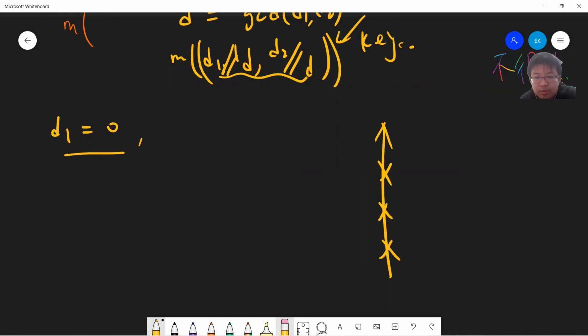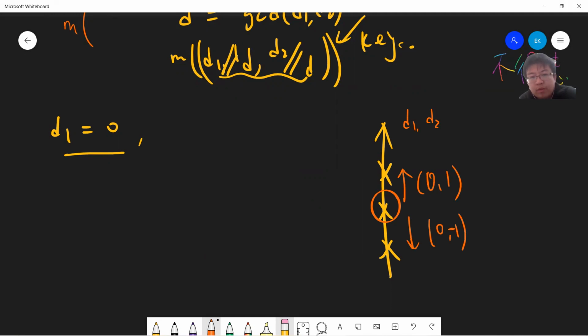So suppose there are 3 points, and then you start from here. This d1 d2 pair will be 0 1, and this d1 d2 pair will be 0 minus 1, right? But these two, if you use d1 divided by d, d2 divided by d, are different. Okay, so you need to tackle this kind of case.